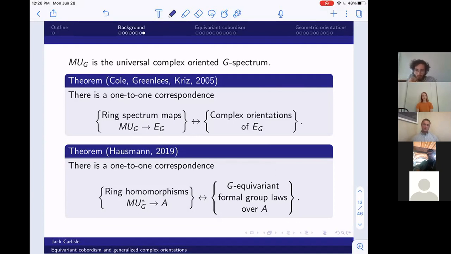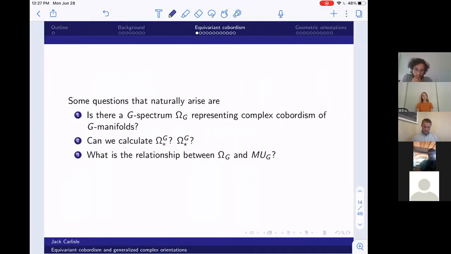We have a notion of complex-oriented G spectra. We have a notion of G-equivariant formal group laws. And this pair of theorems tells us that the spectrum MUG is universal with respect to both structures. Okay. So where is he going? Let's find out.